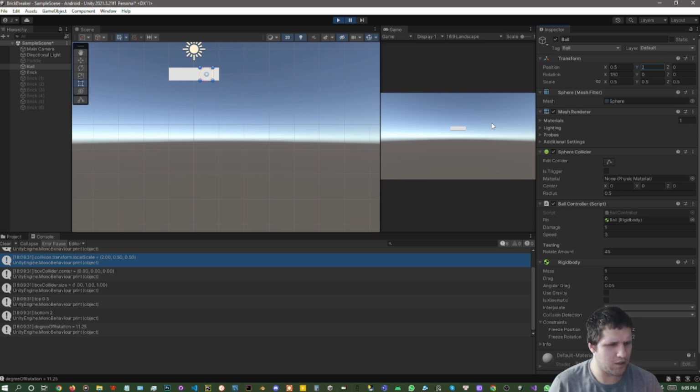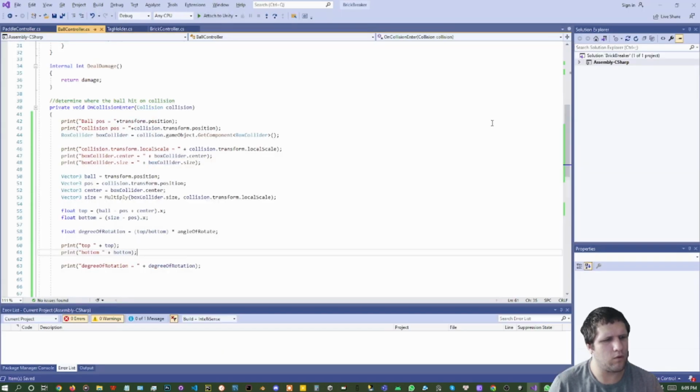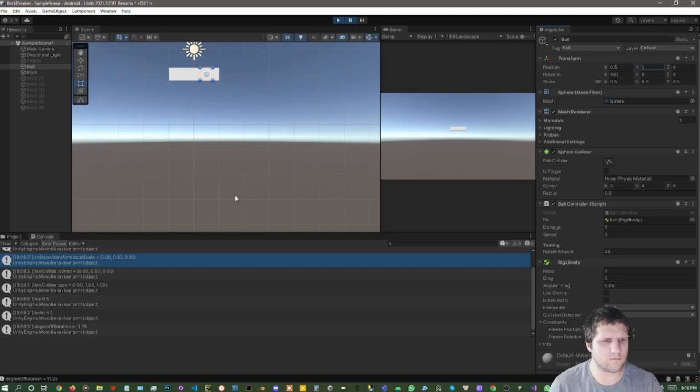Interesting. Top is 0.5, yes. The bottom is 2, though. Why is the bottom 2? So the size minus the position. And the size is the size times the scale. We want it to be 1.